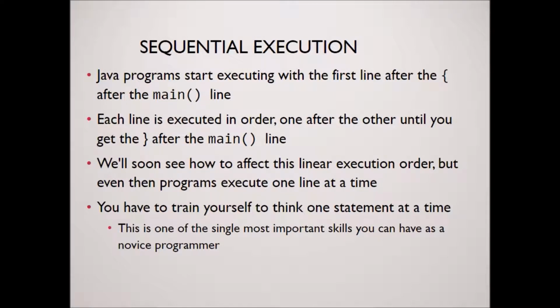So Java starts executing at the first line. Each line is executed until it reaches the final closing curly brace. Notice that these are called curly braces. They come in pairs. There's one at the beginning of the block of code. So there's a main method, then it's followed by a curly brace, and then down at the end there's another curly brace. And that's where the code quits, is when it sees this closing curly brace.